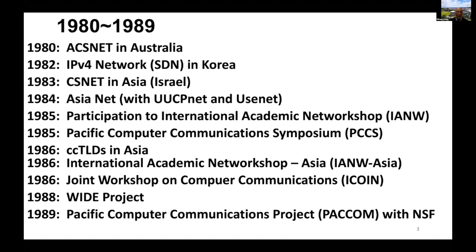Then I get into the preparation of the internet. In 1986, we started ccTLD allocation, like .kr for Korea and .jp for Japan. Then in 1986, we formed the first Asian group. We call it IANW Asia, International Academic Networking Workshop Asia.